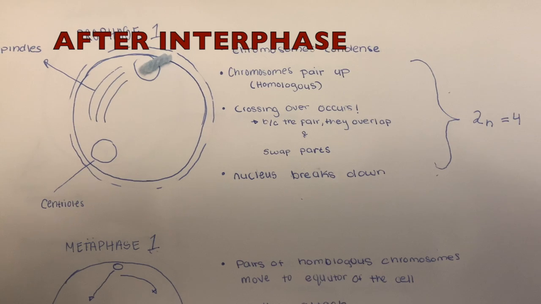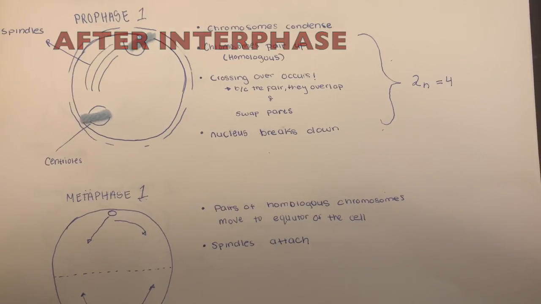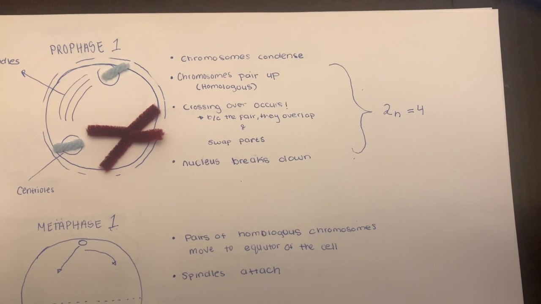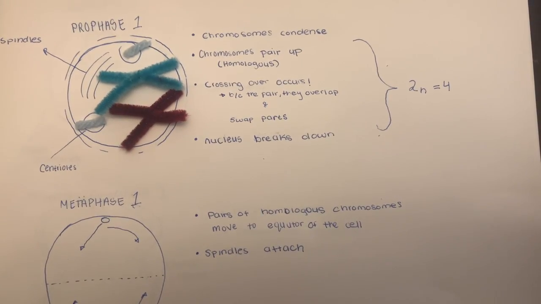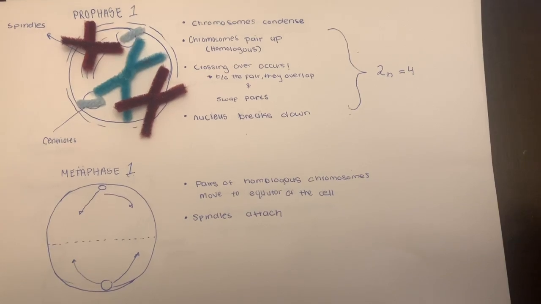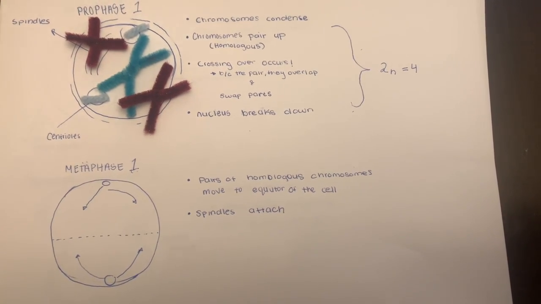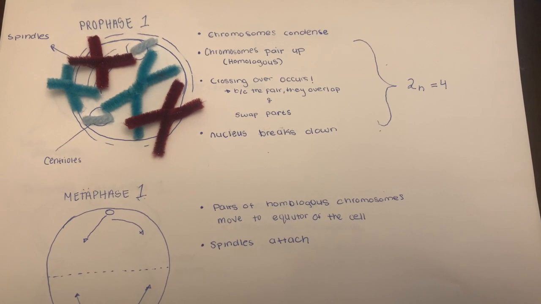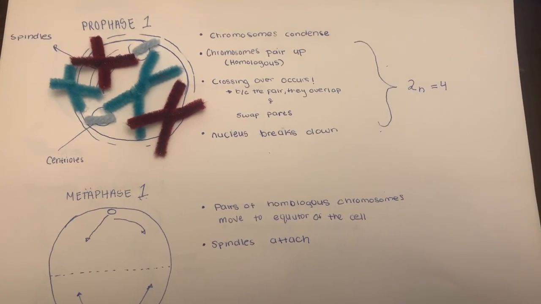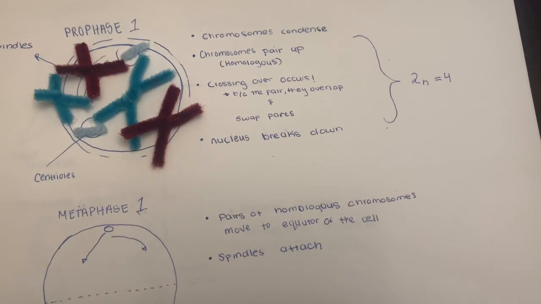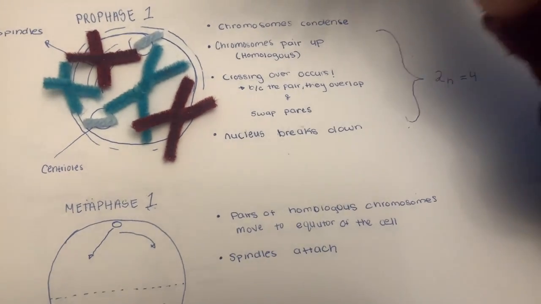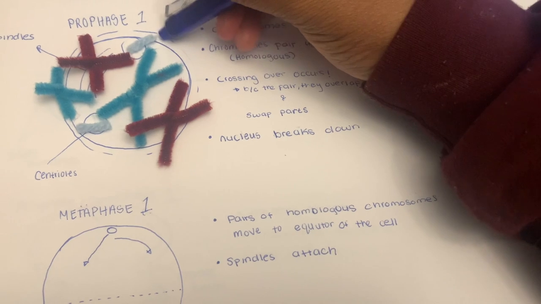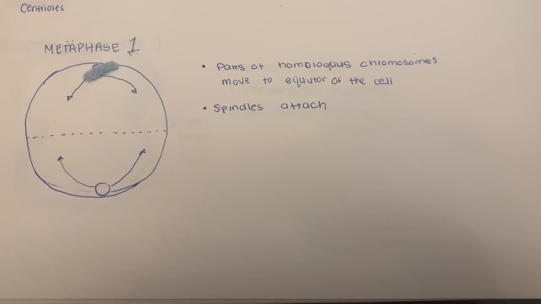In prophase 1, the replicated DNA condenses into X-shaped structures, and these structures are called homologous chromosomes, and they pair up. And when they do pair, this is when crossing over or recombination occurs, when the chromosomes swap parts. By the end of prophase 1, the nucleus is disappearing and the spindles are extending across the cell.